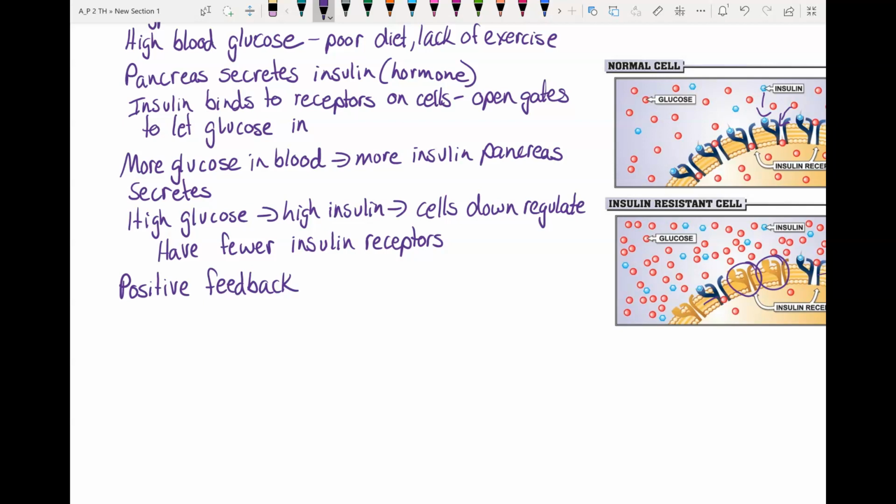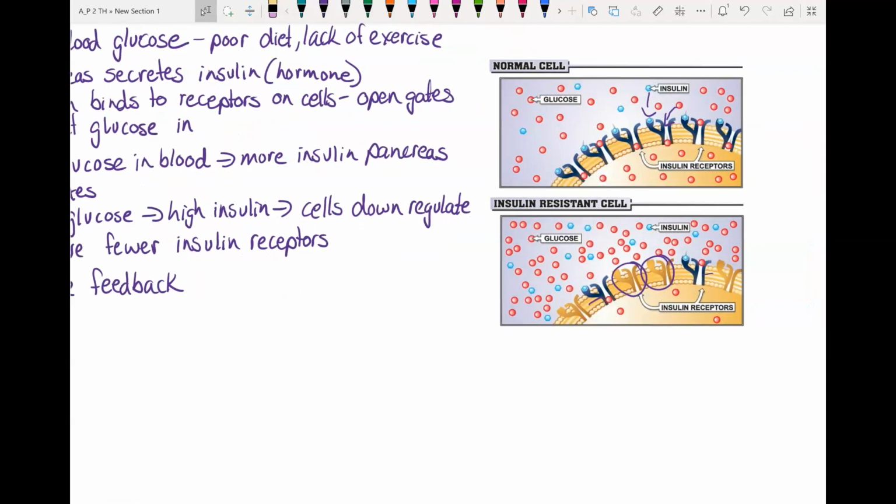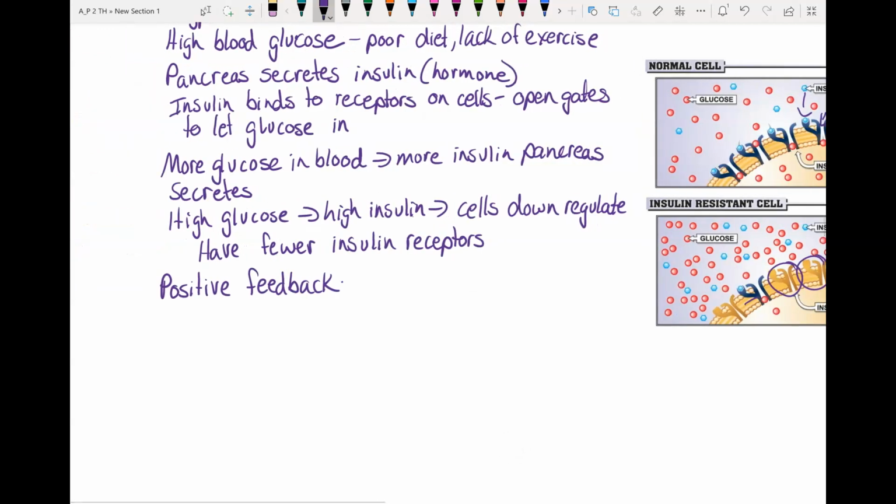So then because the cell doesn't take up glucose, it builds up in the blood, which then means you get more insulin, which then means your cell downregulates even more, and this cycle continues. So you keep getting higher glucose, which leads to higher insulin, which leads to more downregulation.